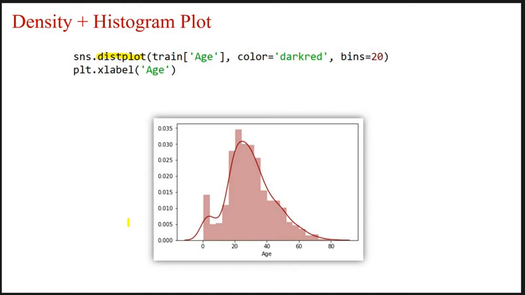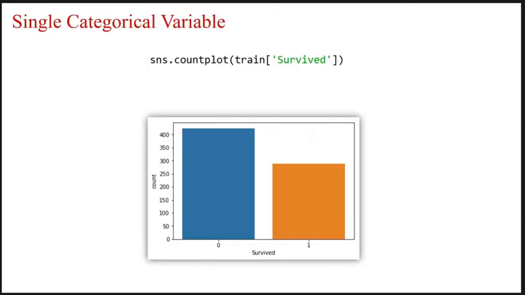Let's look at a case where you have a single categorical variable. For this case, the only graph that you can make is the count plot, so it's a bar graph that gives you the count or the frequency over here. So the survived column is what we're plotting over here. So we have selected that column from our data set.